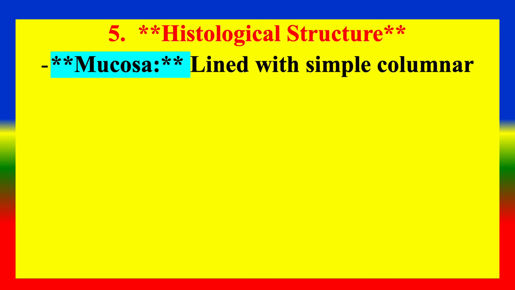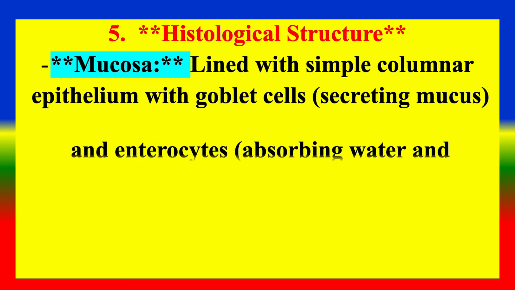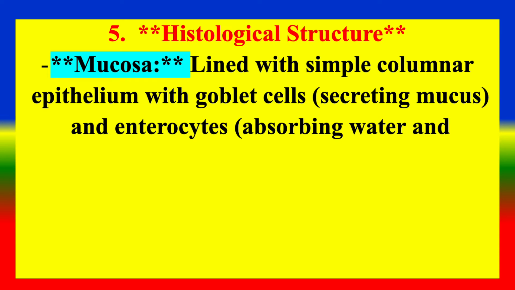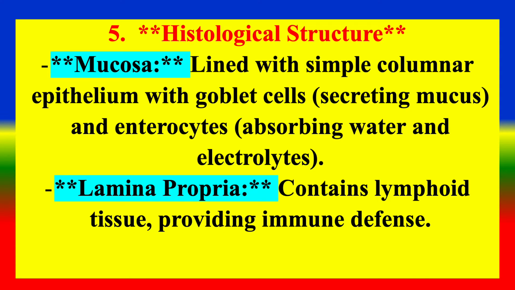Five, histological structure. Mucosa lined with simple columnar epithelium with goblet cells and enterocytes. Lamina propria containing lymphoid tissues providing immune defense.